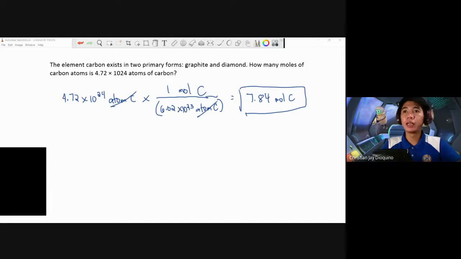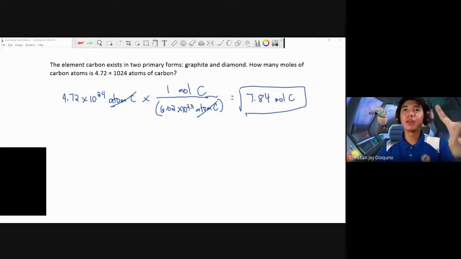Wala na yung magiging exponent niyan. So yan yung magiging final answer. Yung ibang calculator kasi kahit hindi mo nalagyan ng quantity, yun na yung lalabas na sagot, pero yung iba kailangan lagyan para lumabas yung tunay na sagot. Okay?